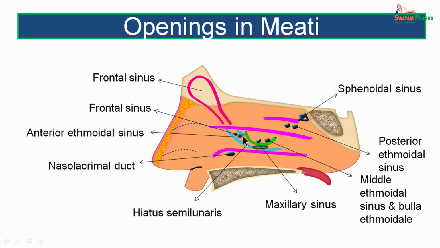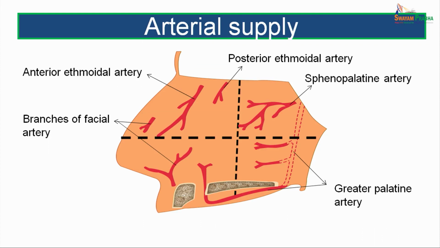Its anterior end, the infundibulum, receives the frontal air sinus and the anterior ethmoidal air sinuses, while its posterior end receives the opening of the maxillary sinus. The inferior meatus shows a single opening, and that is of the nasolacrimal duct. So, these were the various openings seen in the meatuses.